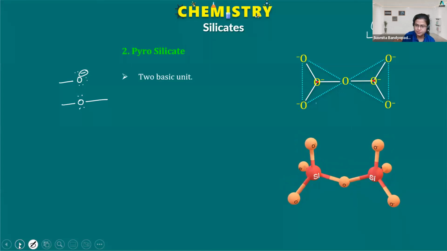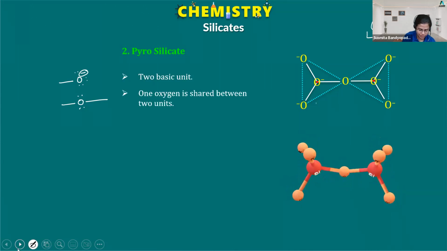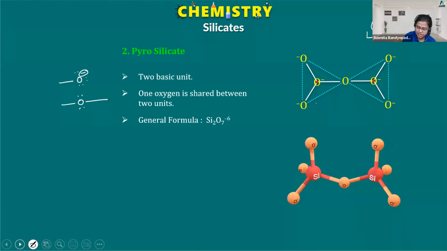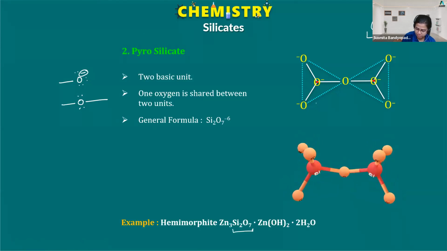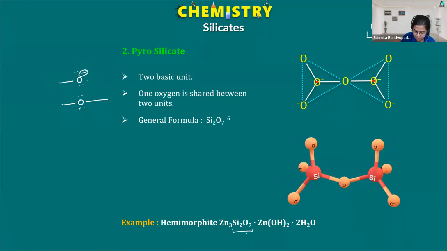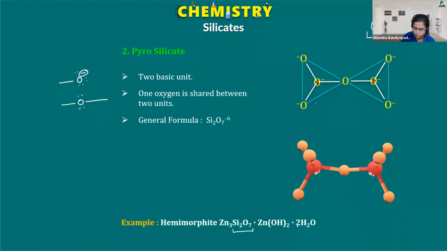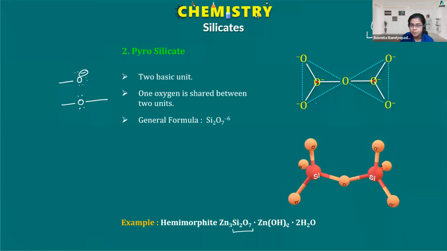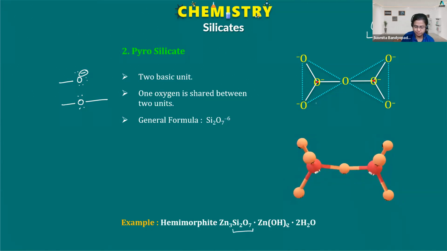Two basic units, one oxygen atom shared between two units. Si2O7 6 minus. Hemimorphite has Si2O7. This name I don't remember that much, but from that formula you should be able to identify it. Yes, it's a pyrosilicate. What's the next type?